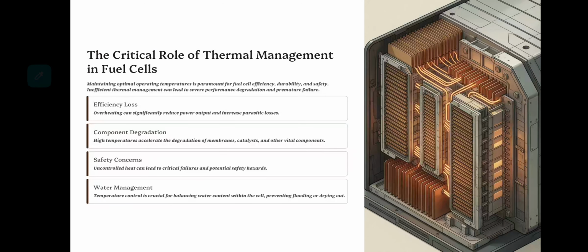Efficiency loss: overheating can significantly reduce power output and increase parasitic losses. Component degradation: high temperatures accelerate the degradation of membranes, catalysts, and other vital components. Safety concerns: uncontrolled heat can lead to critical failures.